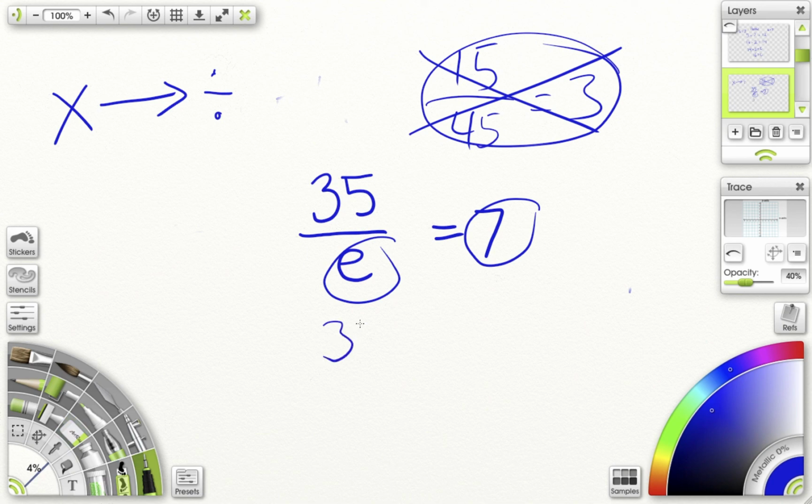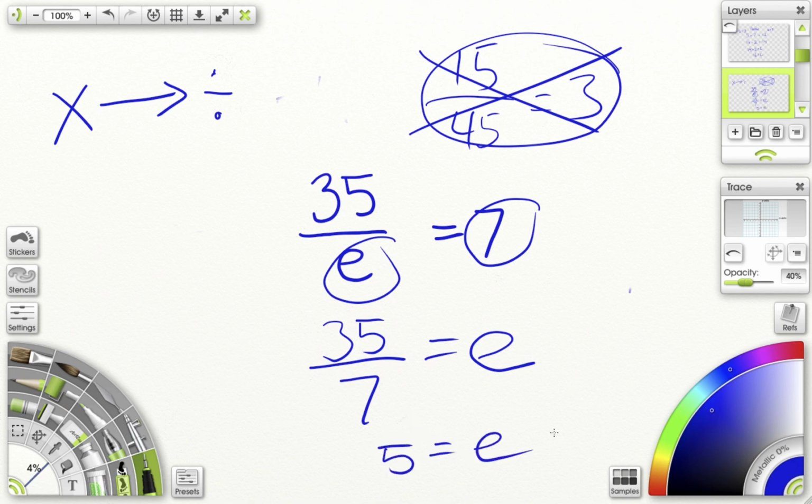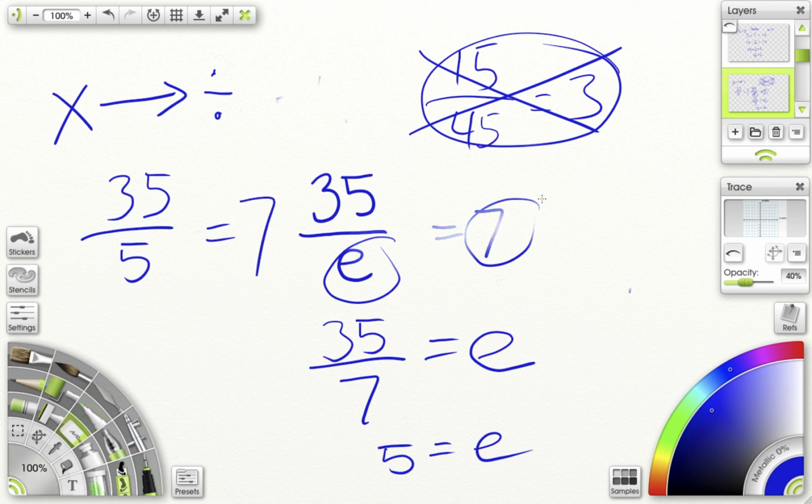So 35 divided by 7 is equal to e. 35 divided by 7 is 5. So therefore, e is equal to 5. I plug it in, so 35 over 5, because I plug in wherever my e was originally. Does it equal 7? It does. So we are good to go.